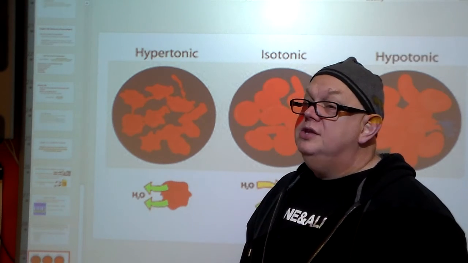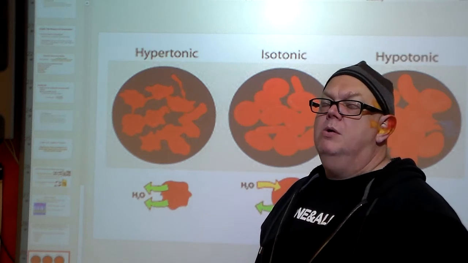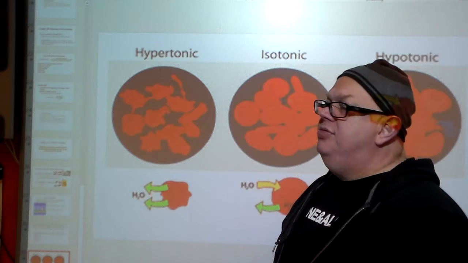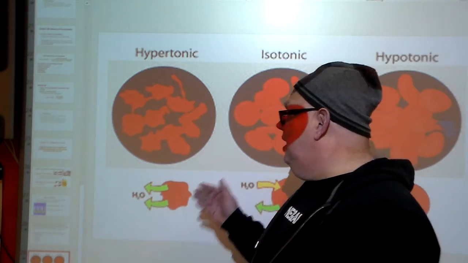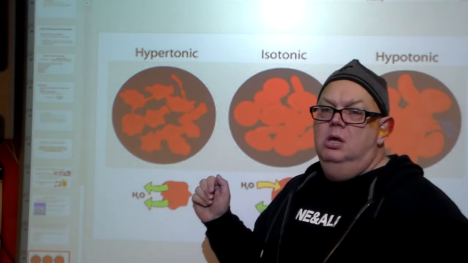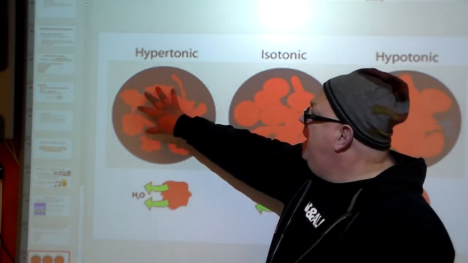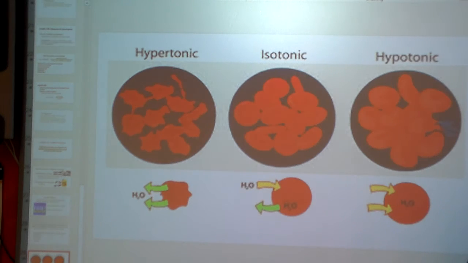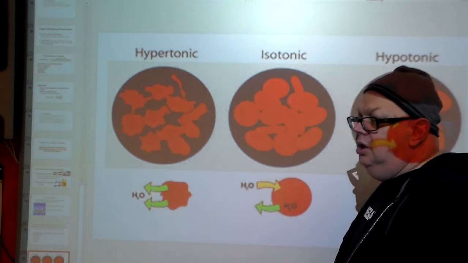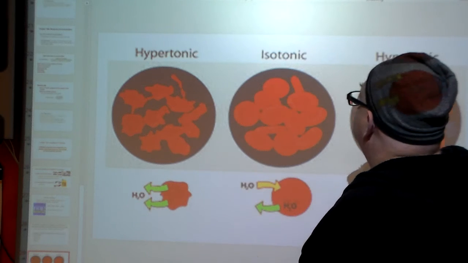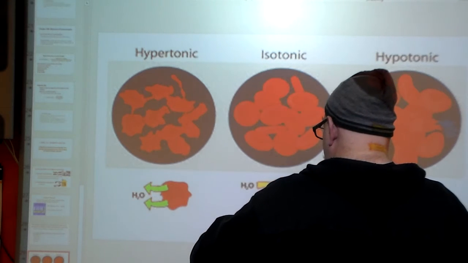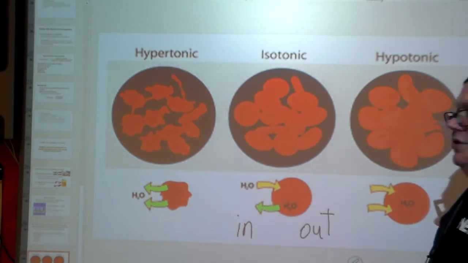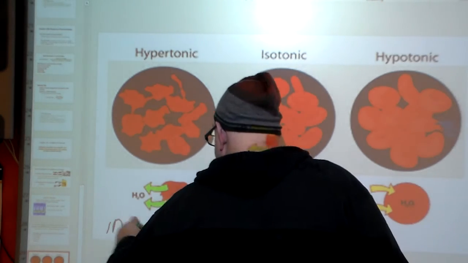Now, the cell itself is semi-permeable, okay? It's not just letting any old thing in. Now, the thing is about the osmosis is that there's water that's going in and out, all right? So when we look at hypertonic and isotonic and hypotonic, this is where we start looking and seeing what's going on. So I'm going to compare that, the in versus the out. Inside versus outside. Okay?